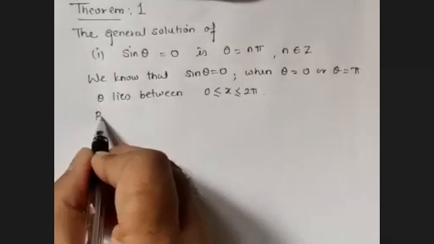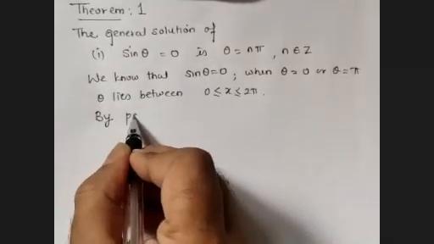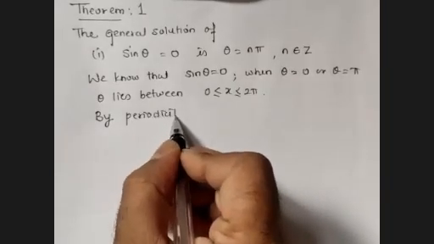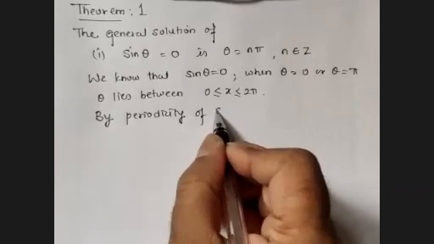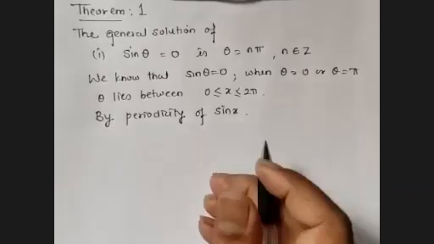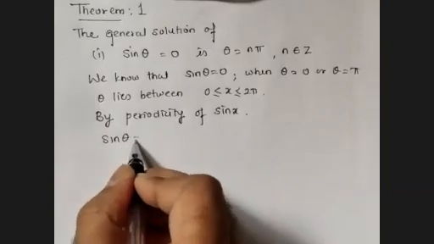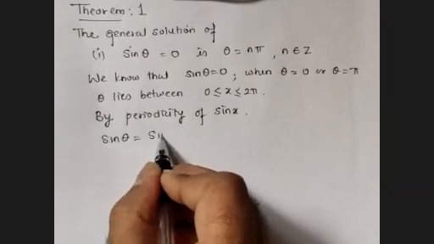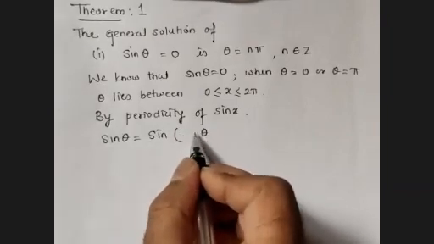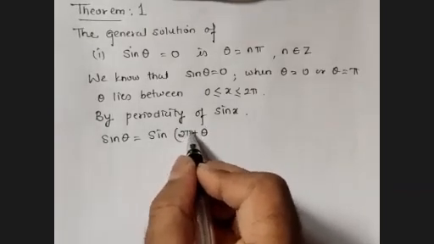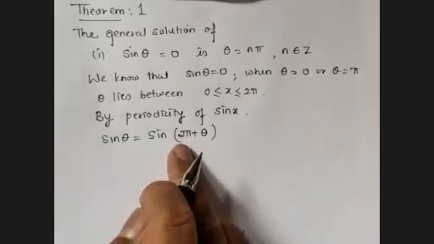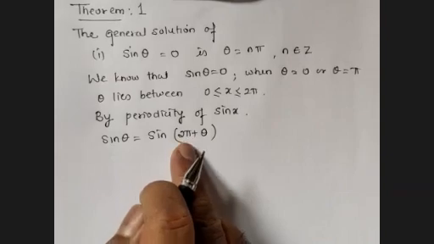So by periodicity of sine, sin theta can be equal to the value of sine after repetition of every circle, that means 2 pi. How many 2 pi's? We don't know.